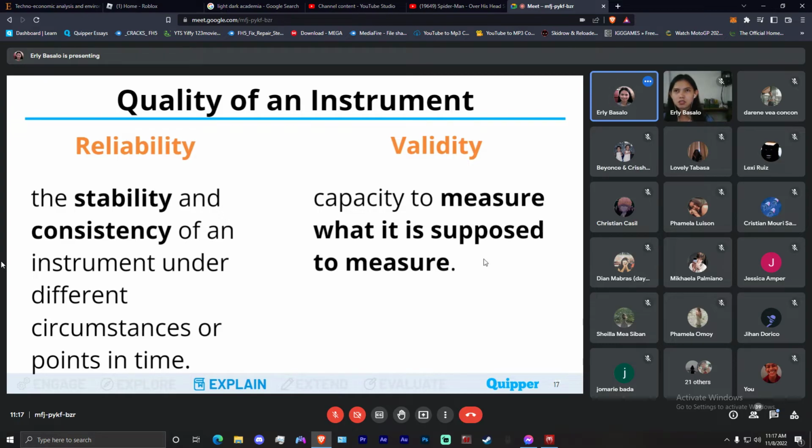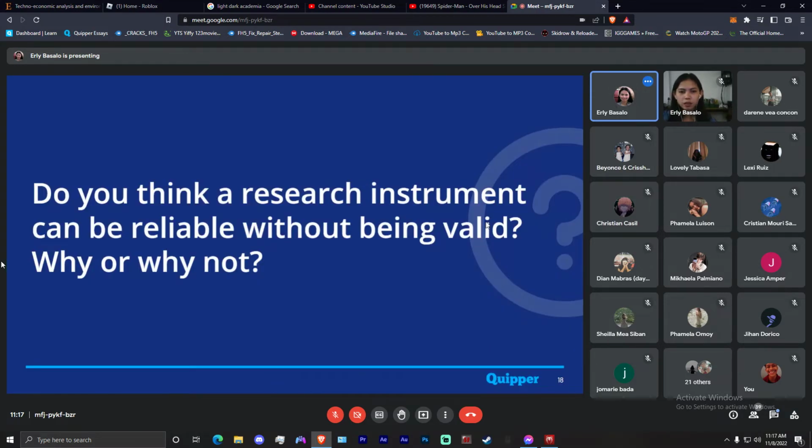So it tells how reliable your research is. Next, for validity, it is the capacity to measure what it is supposed to measure. So that is validity.